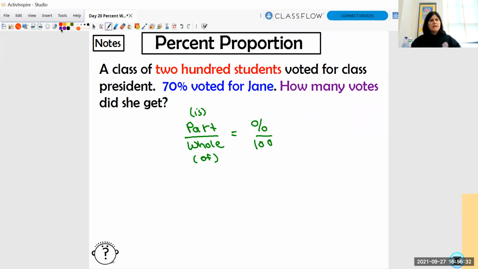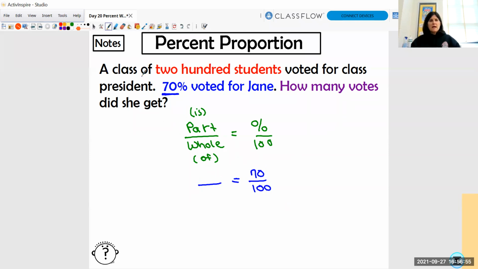Our scenario tells us that a class of 200 students voted for class president. 70% voted for Jane. How many votes did she get? I'm going to start here with this 70% because that stands out to me. I see that will be my percent. I'm going to put it over here. 70% is the same as 70 over 100.